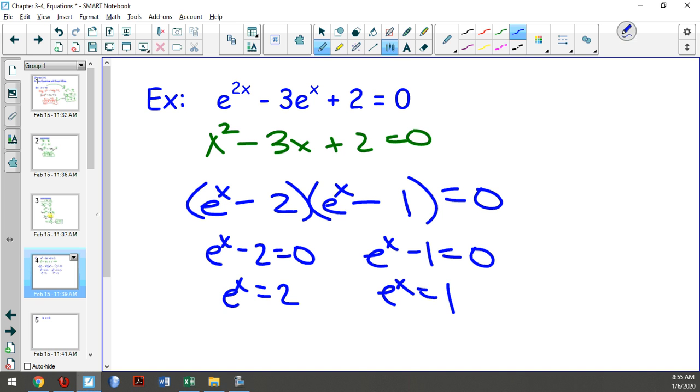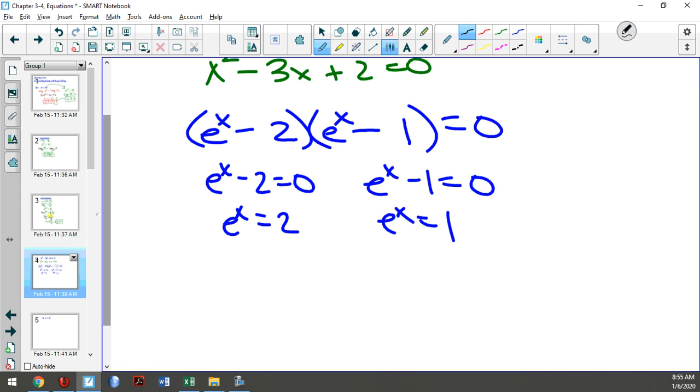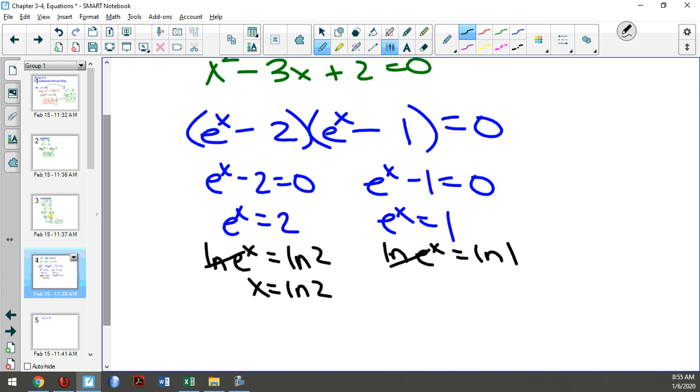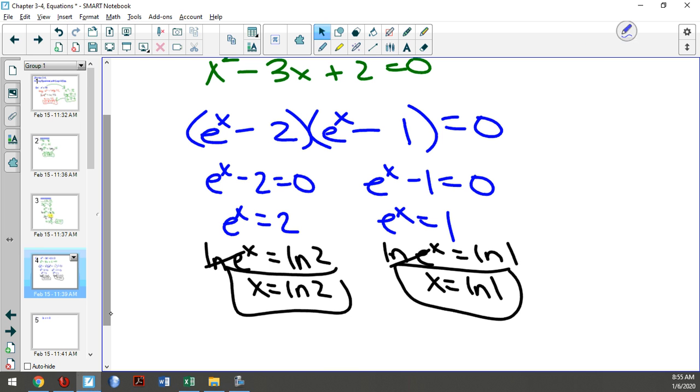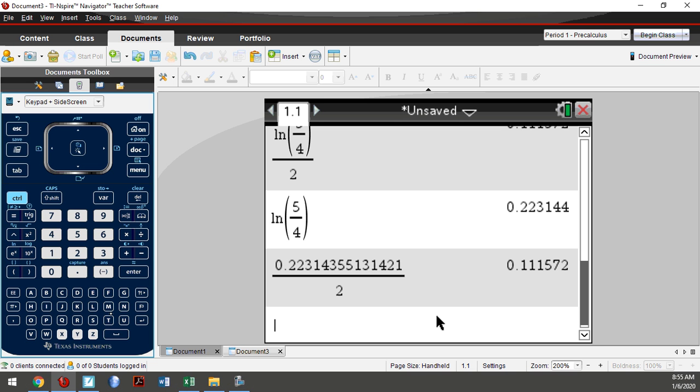Now, how do I solve these? I'm going to take the natural log of both sides. So the natural log of both sides says that x is equal to the natural log of 2. So x is equal to the natural log of 1. Now, you're going to come over to your calculator, and you're going to type those numbers in.